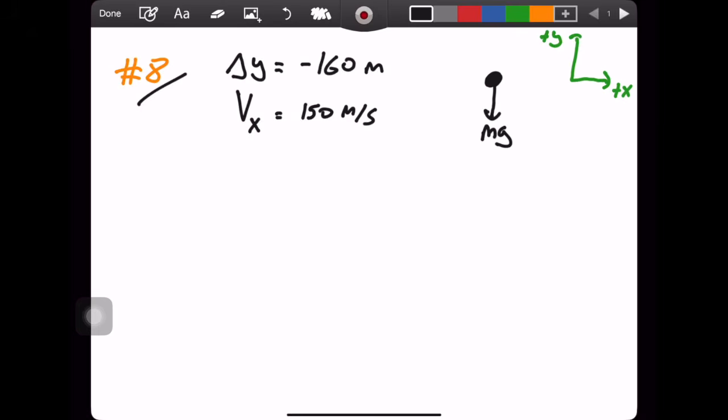So the basic idea is that only in the vertical direction is there acceleration, and more specifically, the acceleration is the gravitational acceleration towards the center of the Earth, which is 9.8 meters per second squared. Even though we see this object come out of the plane that's moving horizontally, it has a combination of both horizontal and vertical motion.